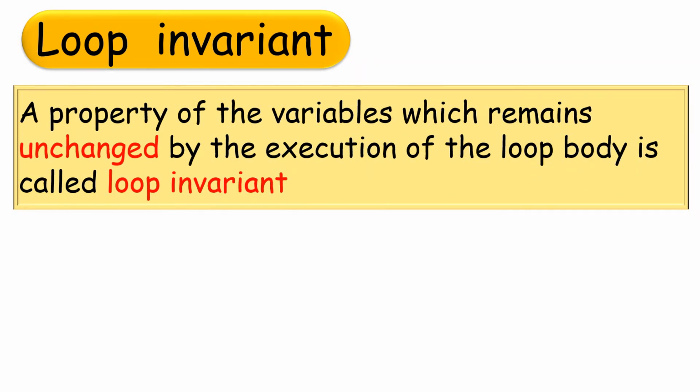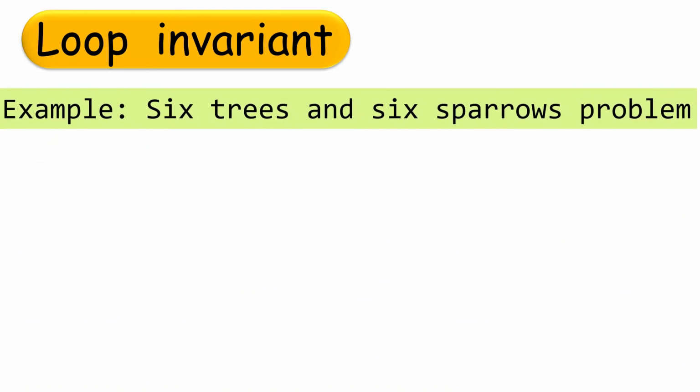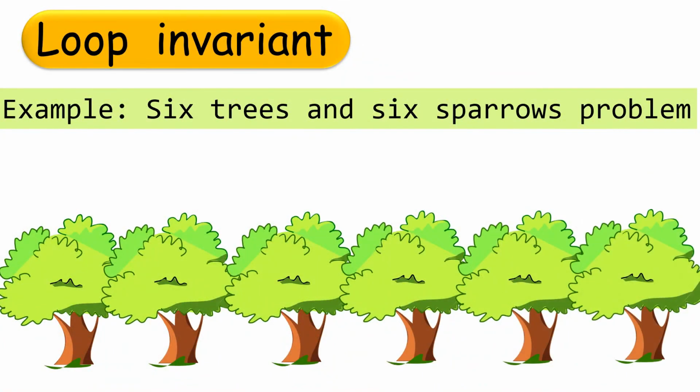I will solve the 6 trees and 6 sparrows problem using loop invariant. There are 6 equally spaced trees. Each tree is given an index number as follows: 1, 2, 3, 4, 5, and 6.